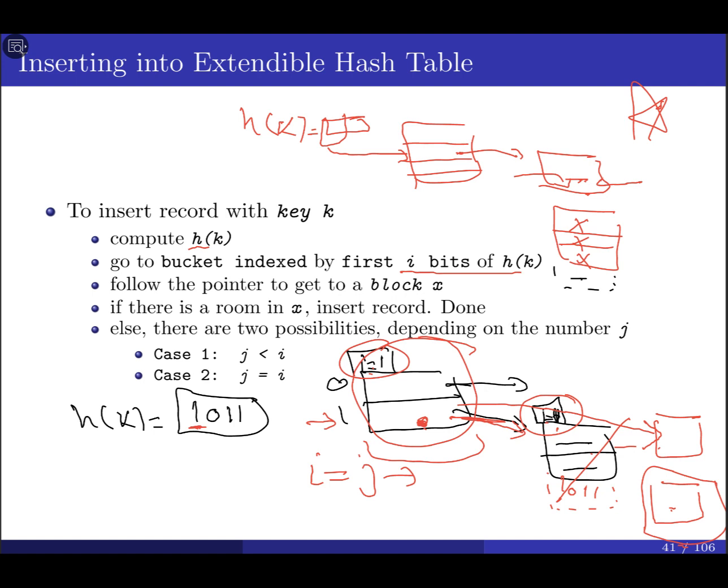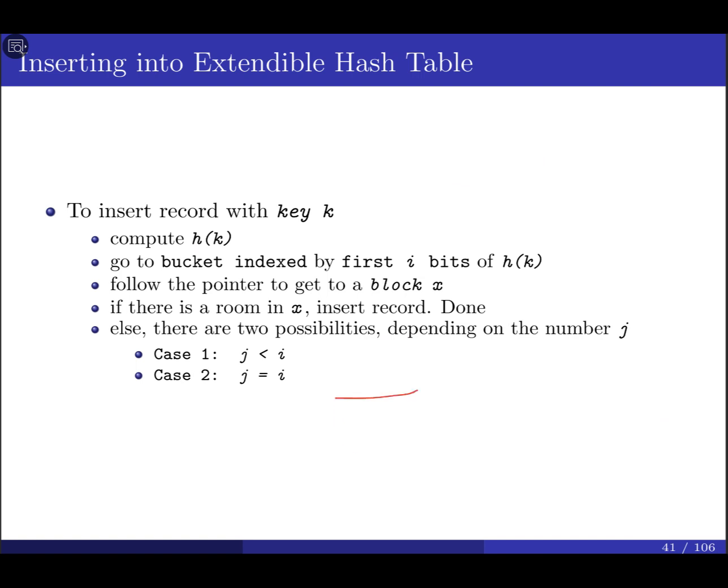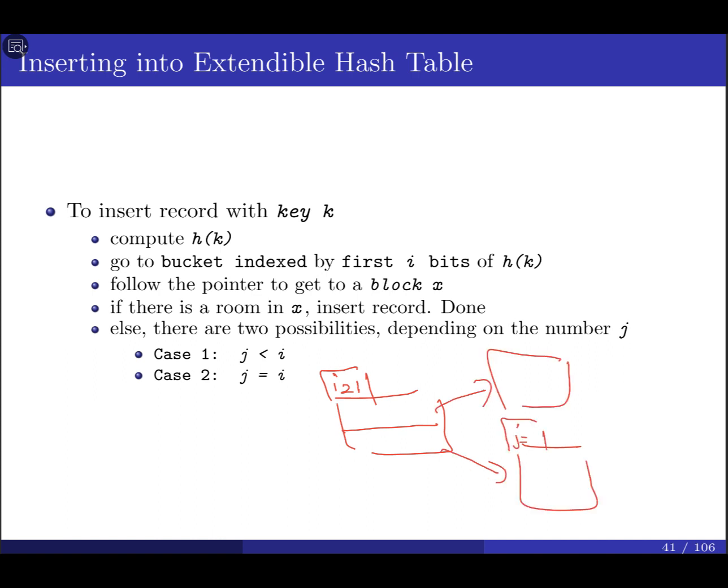Now let's say you have the second scenario, the easy one. The same setup here, we have i equal to 1, and, for example, 2 pointers here, 2 buckets, and j equal to, let's say, i equal to 2, because as we said, i equal to 1 does make sense. For example, we have many buckets: 0 0, 0 1, 1 0, 1 1, and the value of j equal to 2, something like this.